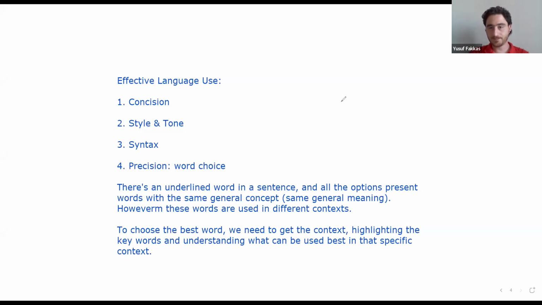Complacent, it's about self-confidence. And sufficient means enough. We use it to talk about levels or amounts. And satiated, we can use it to talk about liquids or food. Okay?